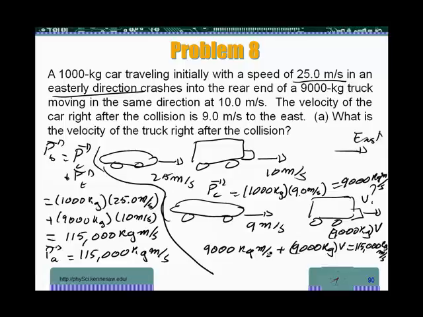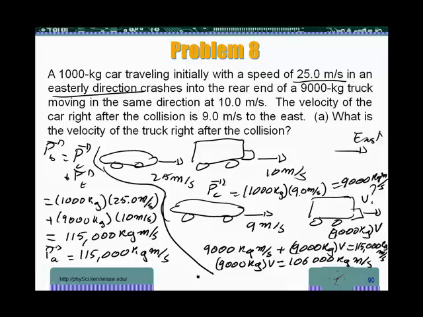We are solving for v, so 9,000 kilograms times v is going to be 115,000 minus 9,000. So 115,000 minus 9,000 gives us 106,000 kilogram meter per second.